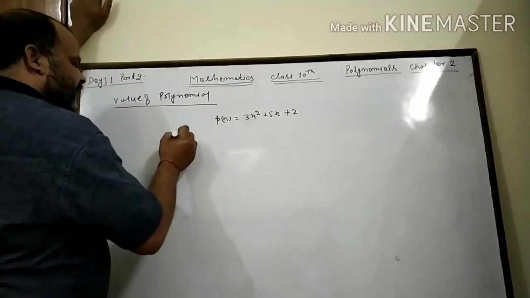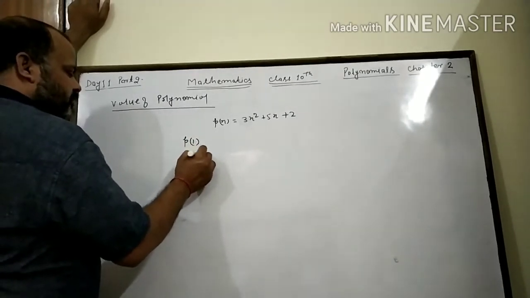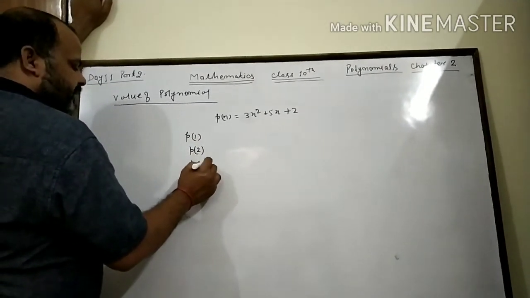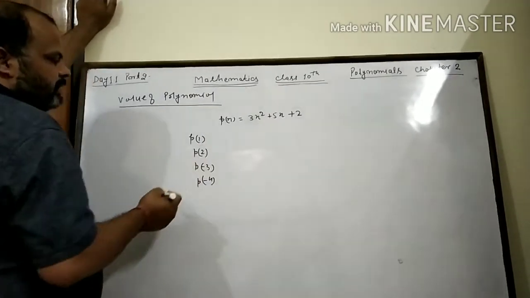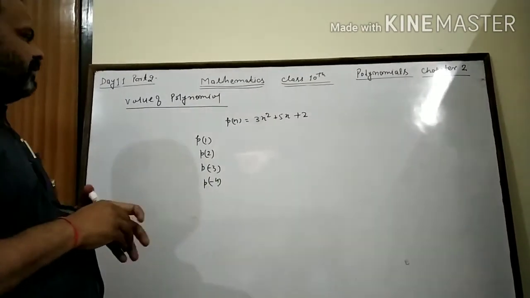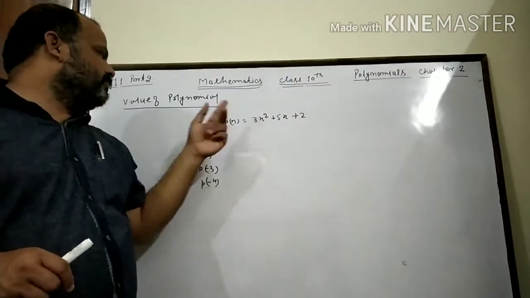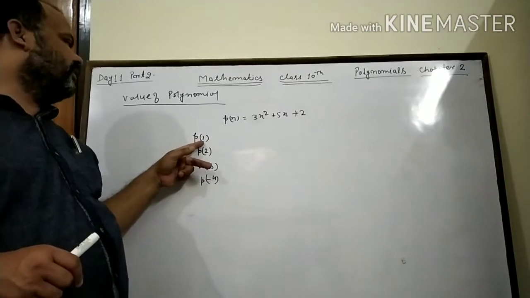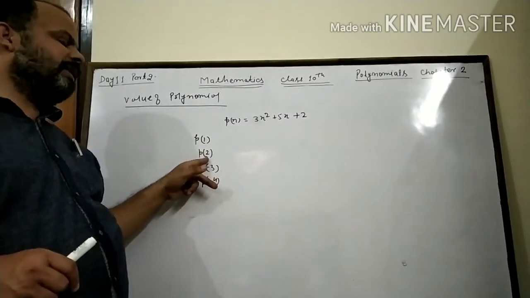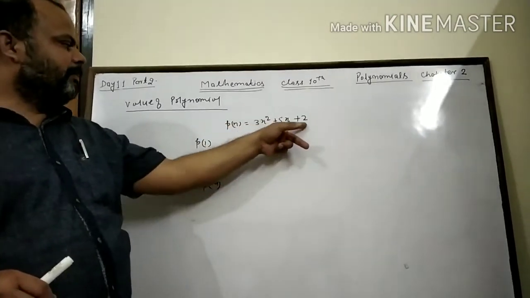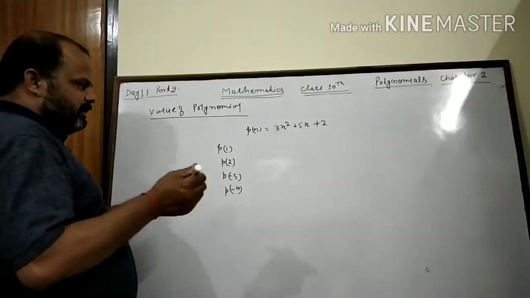And you can find p(1), p(2), p(minus 3), p(minus 4). Then it is called the value of the polynomial. It means we find the value of this polynomial by putting in place of x is equal to 1, x is equal to 2, and so on. Clear? It is called the value of the polynomial.